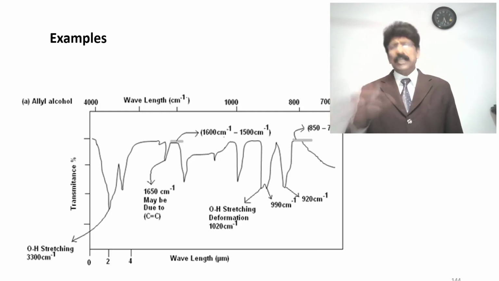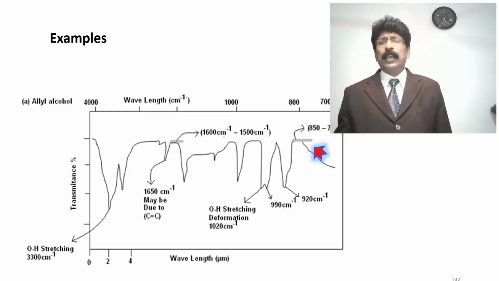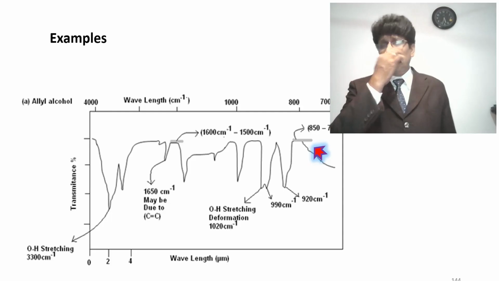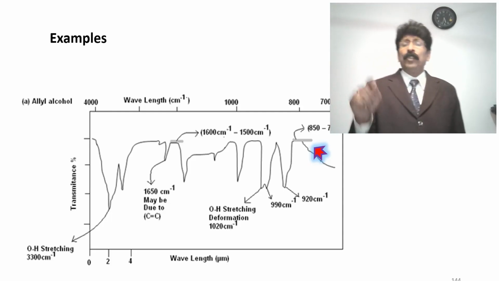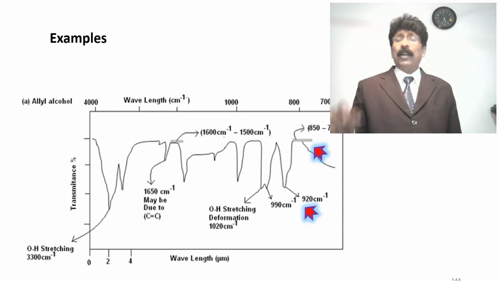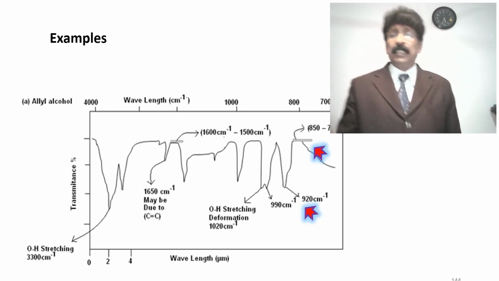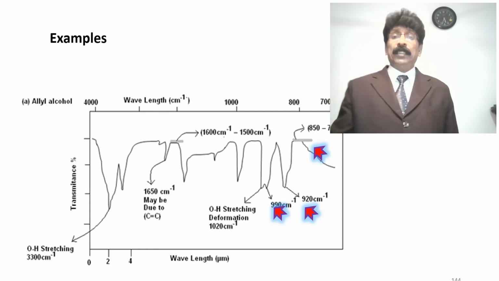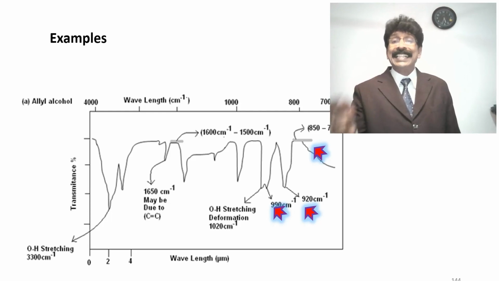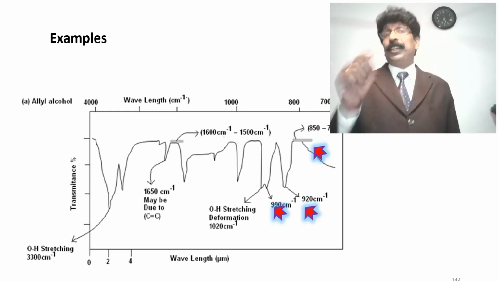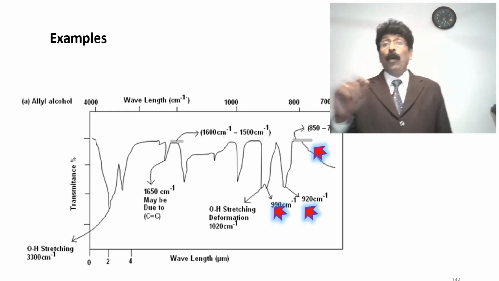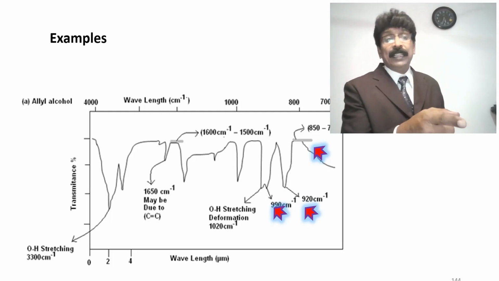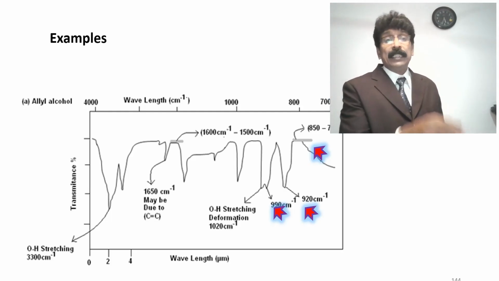So just take a graph, and you can see there is a fingerprint area. You can start with a peak at 920 centimeter inverse, and you will get 990 centimeter inverse due to OH deformation, and 1200. Usually OH, as you have seen, shows stretching at 1330 centimeter inverse, which I have shown there.